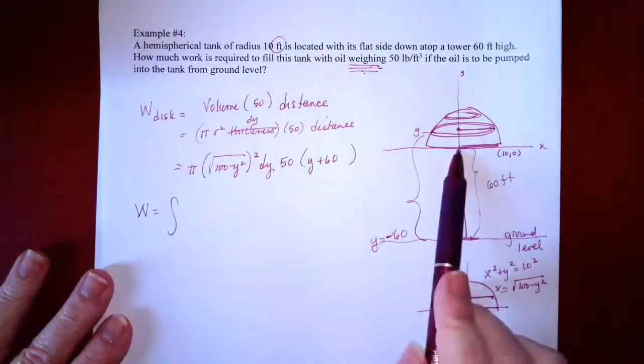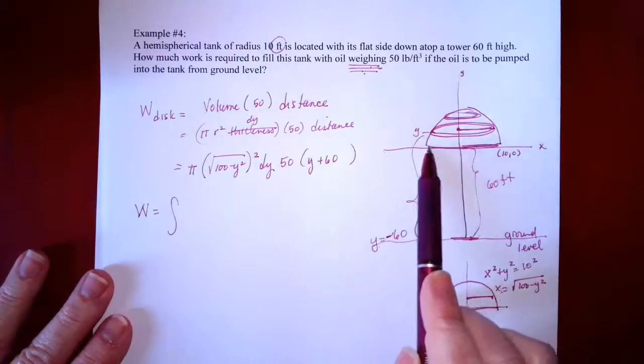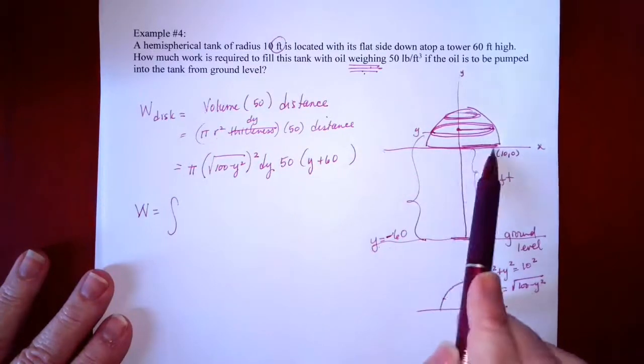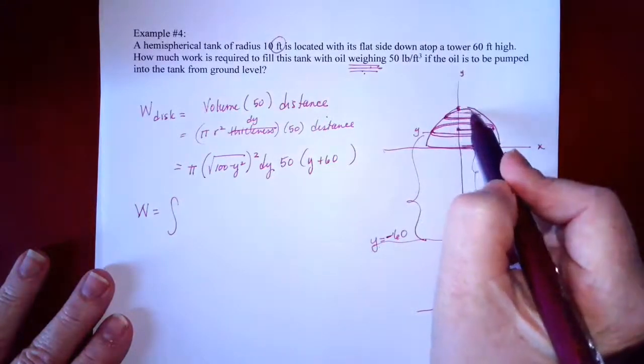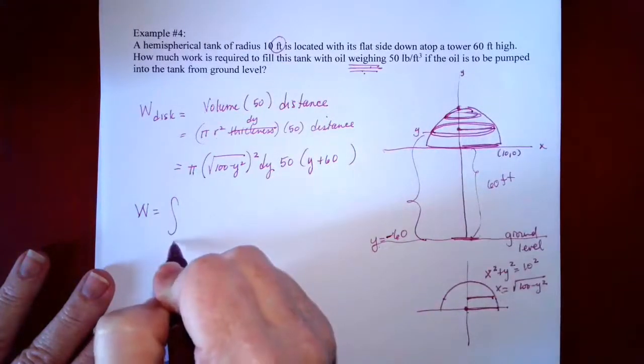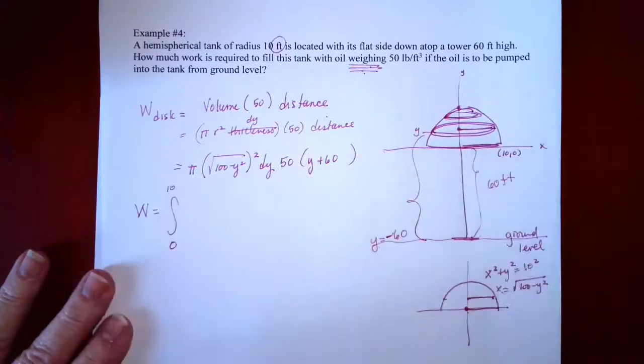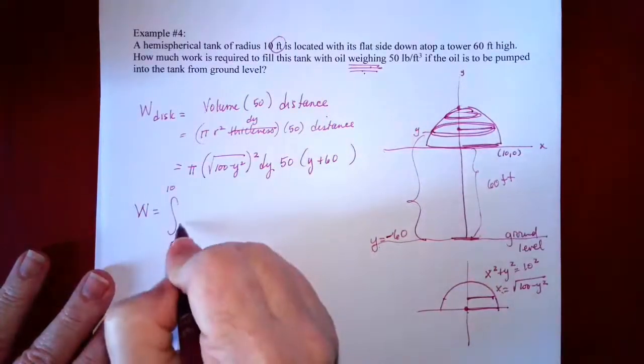We are filling this tank. The bottom disk of water in this tank is at y equals 0. The top disk of water in this tank is at y equals 10. So it'll be the integral from 0 to 10 of all this stuff.